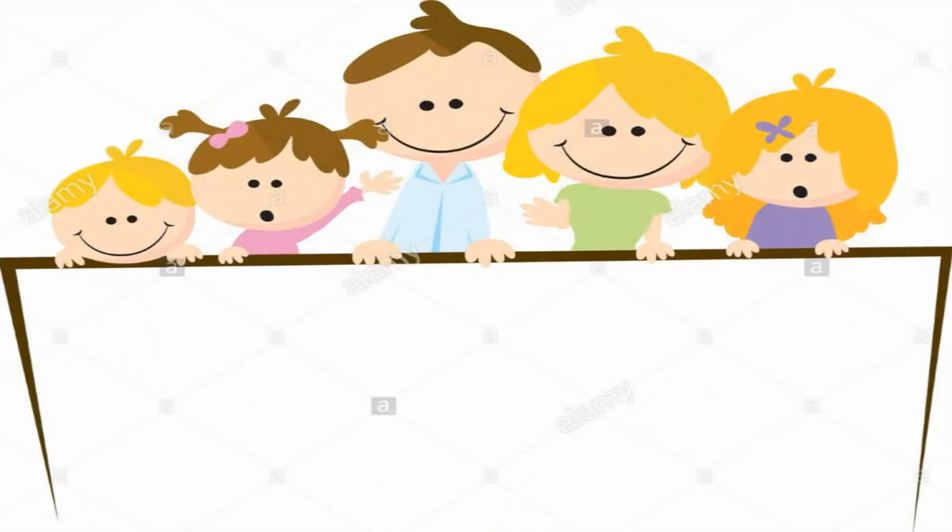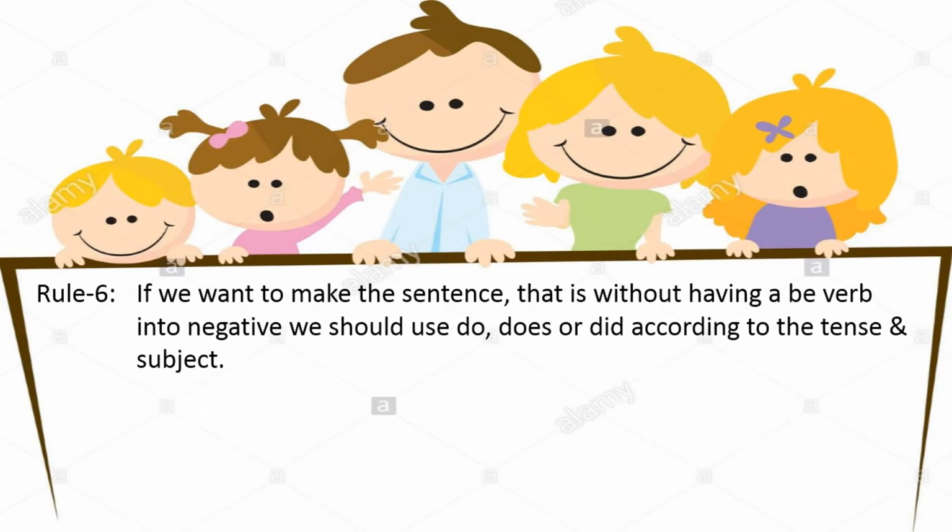Okay, rule number 6. If we want to make a sentence that is without a be verb into a negative one, we should use do, does or did according to the tense and subject. So let's have the example here. The first example: the girl (not read) a book.